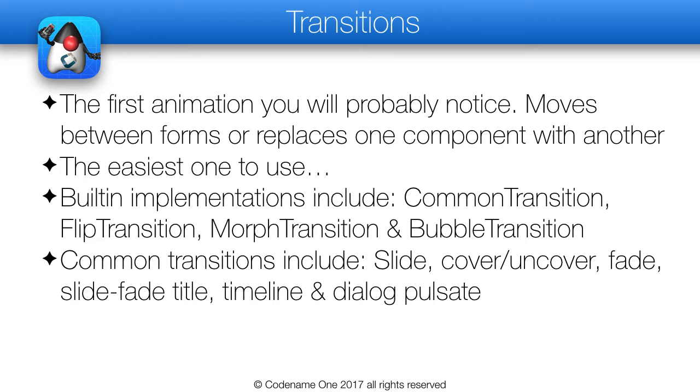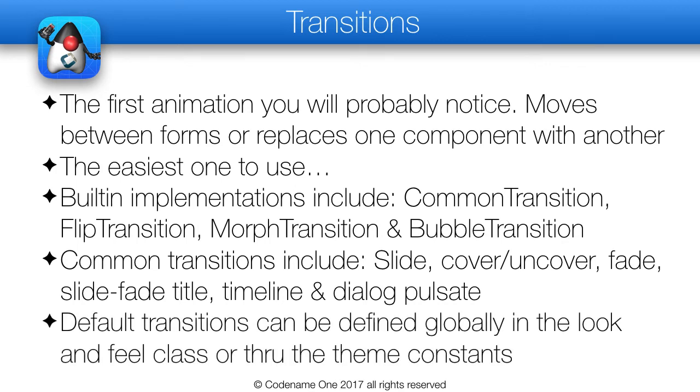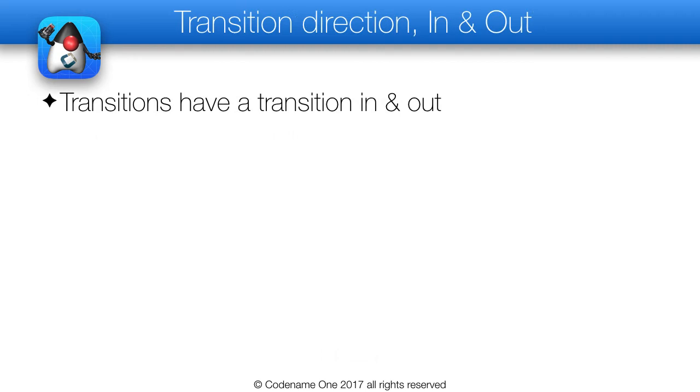This is a special case transition that slides the body while fading and sliding the title elements at a different pace. The theme has common constants to define the default transition for the various types of elements. So you can define the default transition for form, dialog, etc. directly from the theme without changing the code.